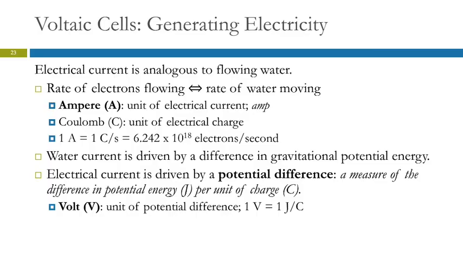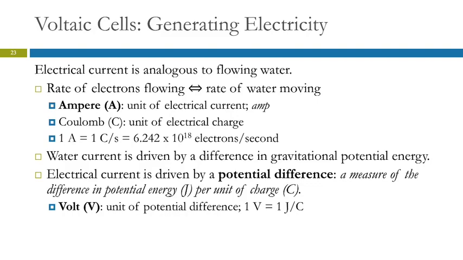So electrical current is analogous to flowing water. And so if we understand what water does, that can help us to understand what electrical current does. So water flows. You have a river or a stream, and the water's going to flow down, right? It always goes down. It never goes up.